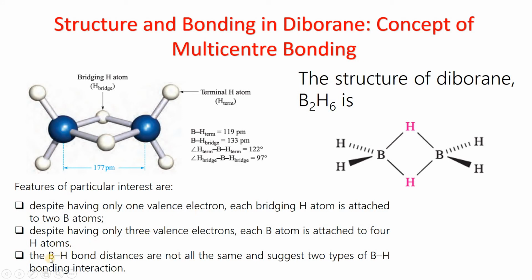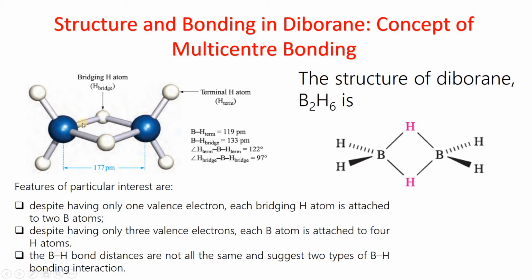Third point, the boron-hydrogen bond distances are not all the same and suggest two types of boron-hydrogen bonding interaction. As we know from the bond distance, the 4 bonds are of the same type because the bond length is the same, 119 picometer.